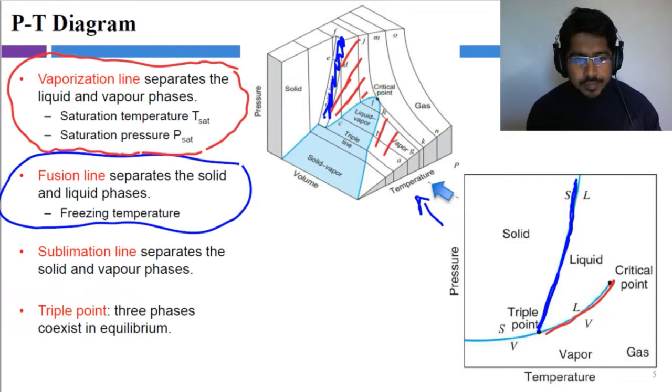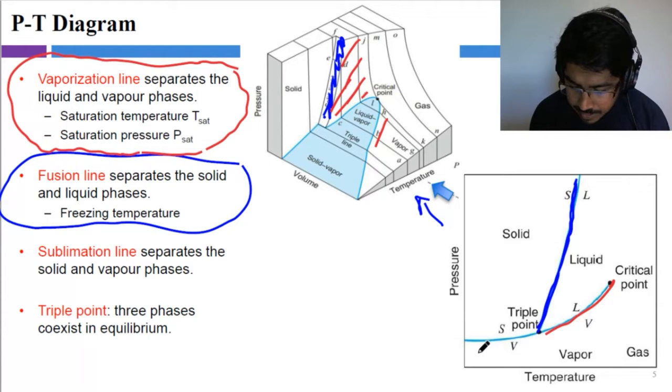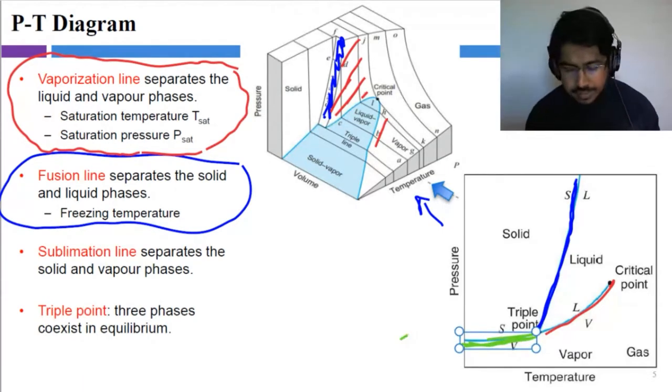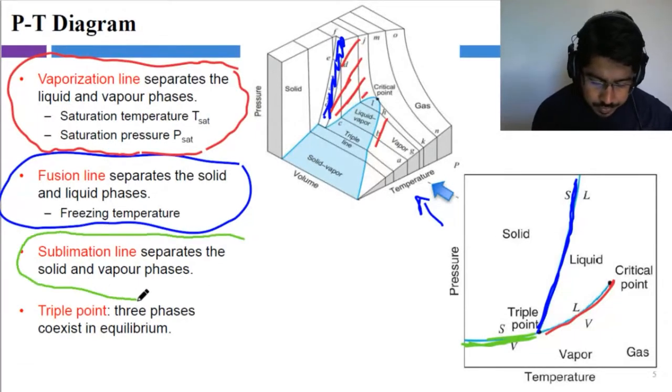And then there's another line. This line does what? It separates solid and vapor regions. So we call that the sublimation line.